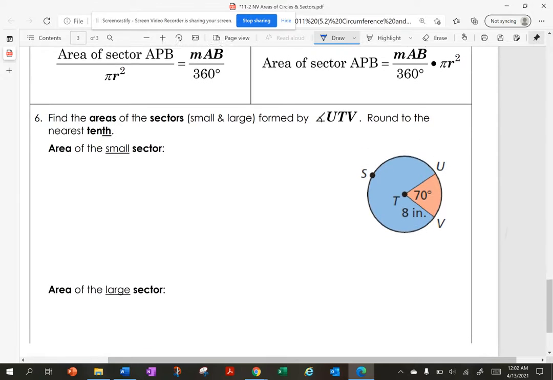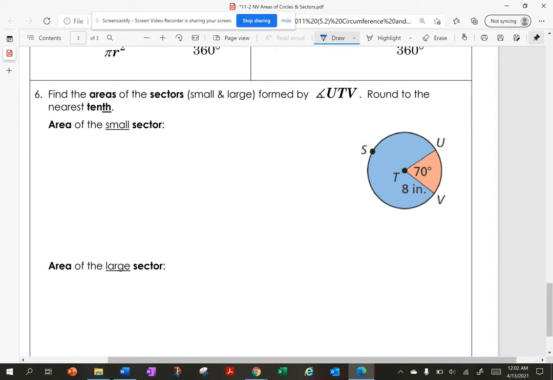All right, so here's an example. Let's find the area of the smaller sector and the larger sector. We're going to round to the nearest tenth. All right, so the area of the smaller sector, I'm going to start with this one.